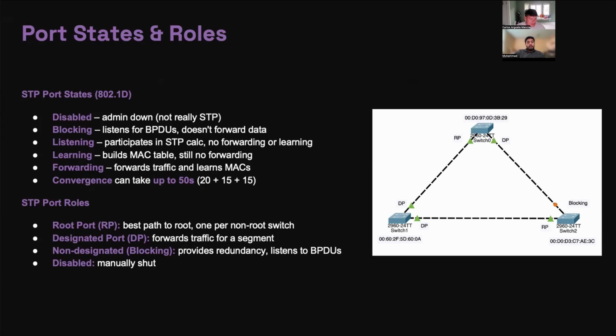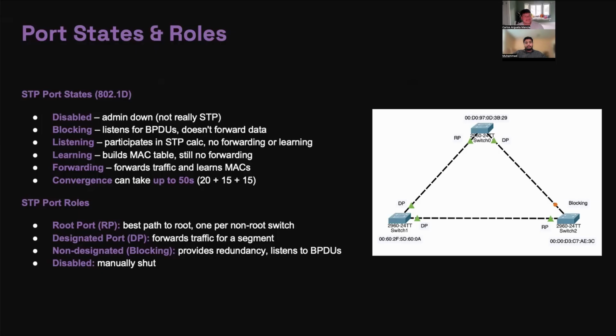And again, disabled, you just manually shut down. That's like you calculating the whole topology yourself and saying, okay, I'm going to shut down this link instead of STP doing the job. So these are the different states and roles.